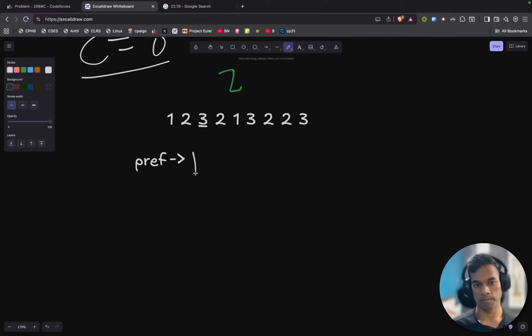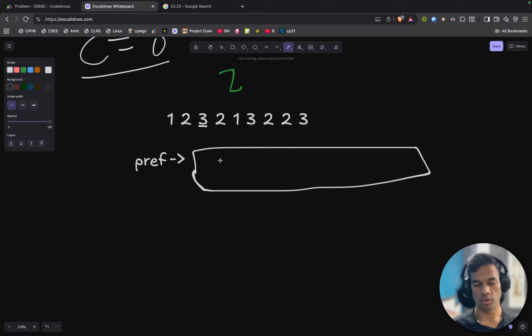For this 3, we just have 1, 2. So our counter would be 1, and 2 power 1 is just 2. Then we see another 2, so counter becomes 2, and we get to a 3.